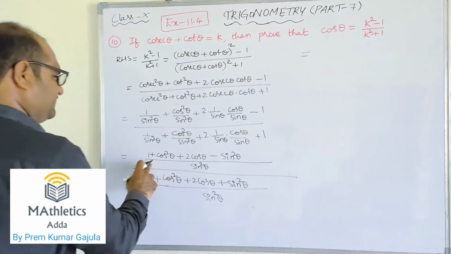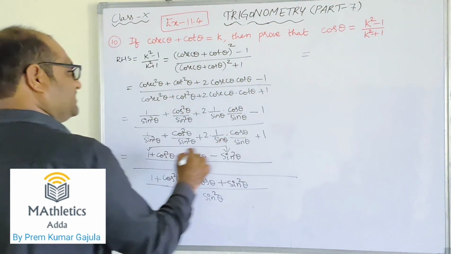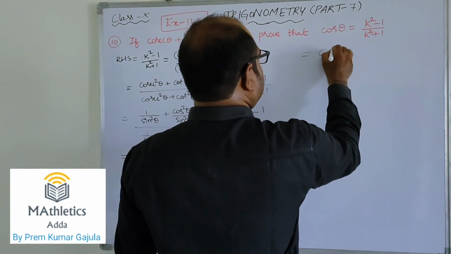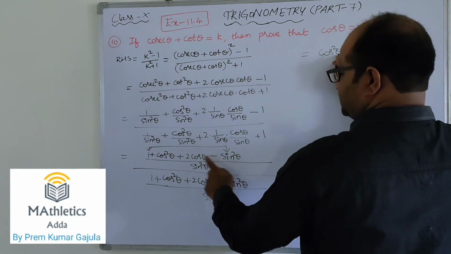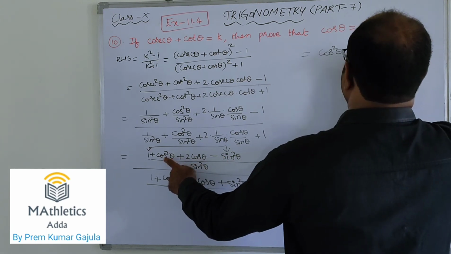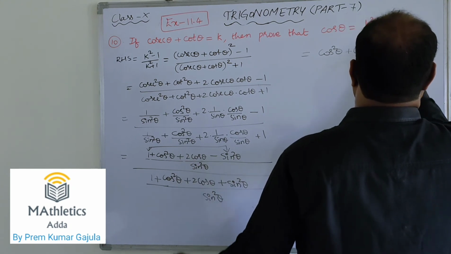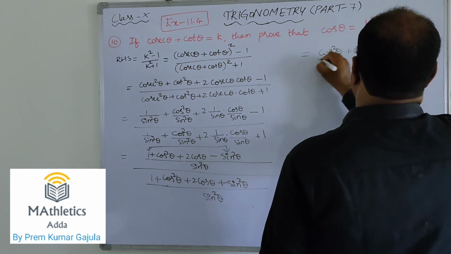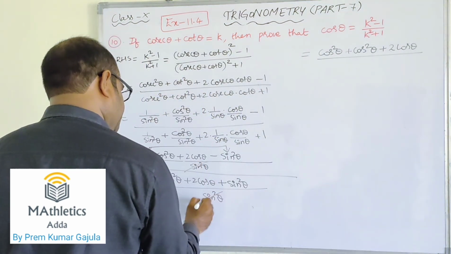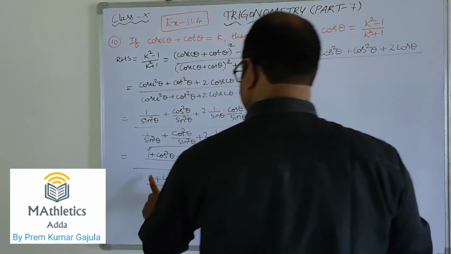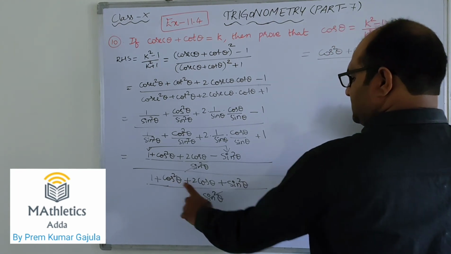So if you observe carefully here, 1 minus sin square theta we can write as cos square theta. And one more cos square theta is already there, so write as it is, one more cos square theta, then plus 2 cos theta. In the denominator, sin square gets cancelled here. And what is the remaining? 1 plus cos square theta plus sin square theta.